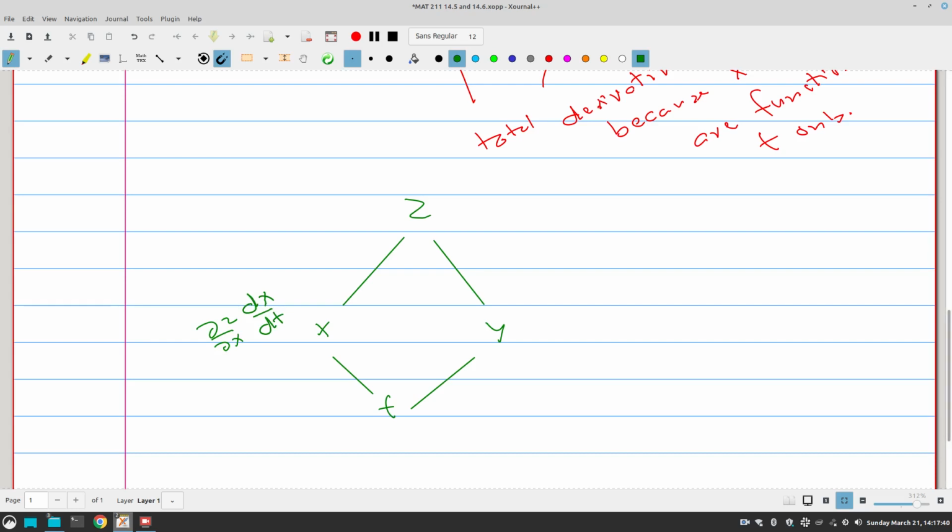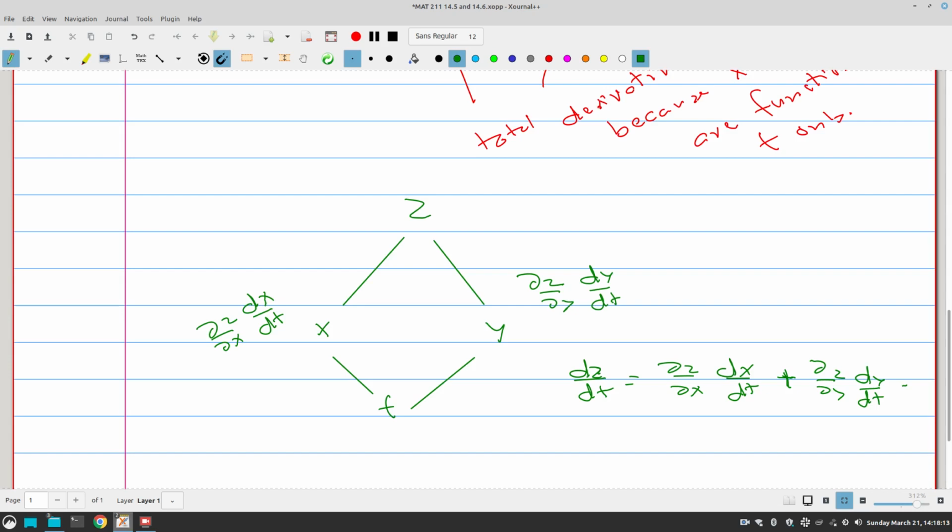You move along this branch, you get partial z over partial y times dy over dt. And then you add both branches to get dz over dt equals partial z over partial x dx over dt plus partial z over partial y dy over dt. Okay? So now how do we know that this is true? Meaning, how do we prove this chain rule?